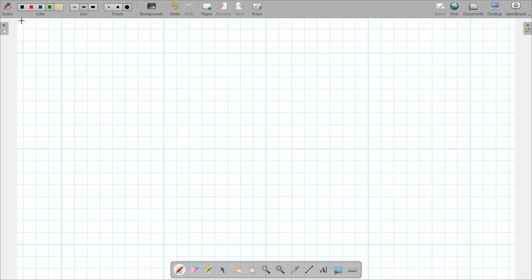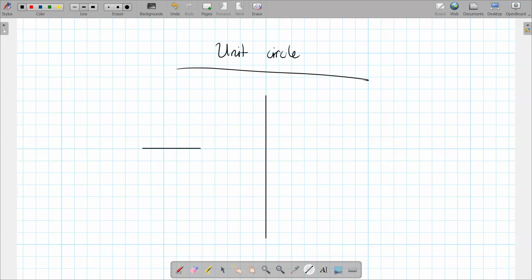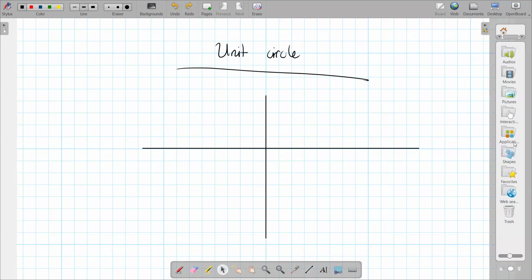To do that, let's think about the unit circle. So there is a circle at the origin. I'll make a big one. Maybe we can even make it symmetrical, maybe.